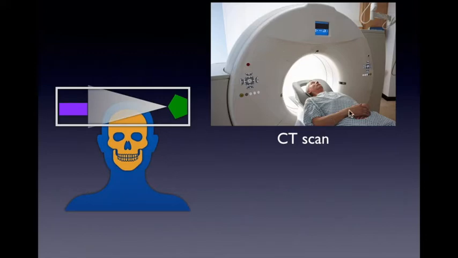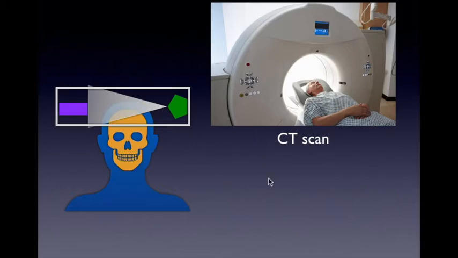Now, as the X-ray moves about, it sends out again that same X-ray that's detected by different fixed detectors around. And that's basically how you get a three-dimensional picture of a particular area of your patient.